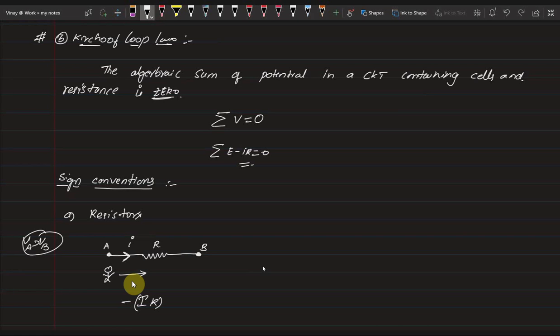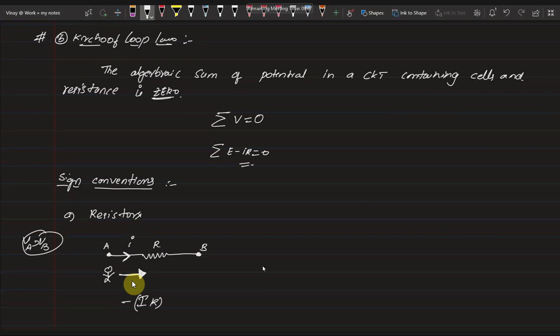Whenever you are going from high to low, that is always taken as negative. For example, in 10th you scored 100 out of 100, in PU you scored only 90. So you moved from high to low, and that is nothing but negative, so your improvement is negative like that. Here also we are moving from A to B, A is at high potential, B is at low potential, so the product of current and resistance is taken as negative.